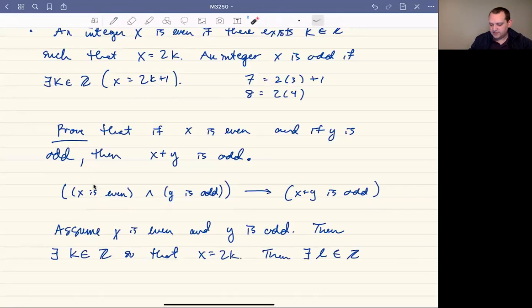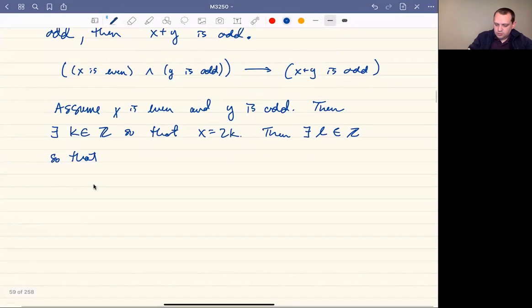Notice that if I say that y is equal to 2k plus 1, then I'm assuming ahead of time that y is equal to x plus 1, which may not be the case. But if y is odd, then there exists an integer L such that y is equal to 2L plus 1. And now the thing that we want to say something about is x plus y.